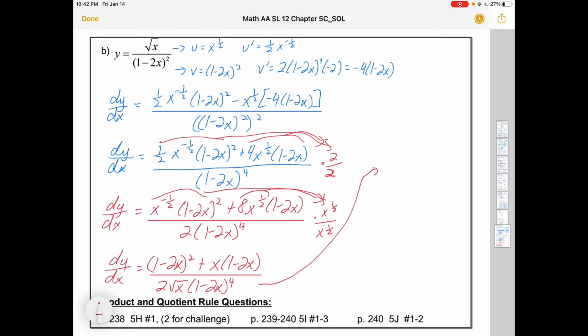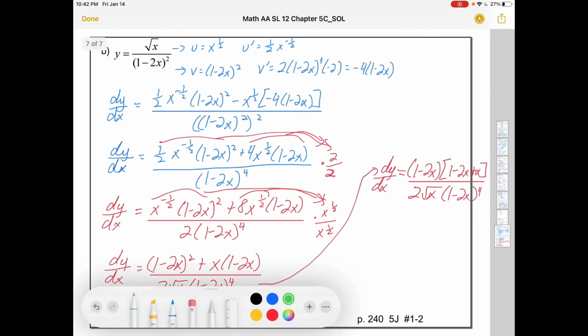If you want to go even further with it, I applaud your tenacity. There is a common factor of (1 - 2x), and that would leave us with 1 minus 2x plus x, all over 2 root x, (1 - 2x) to the 4. And you could do a little bit of reduction here.